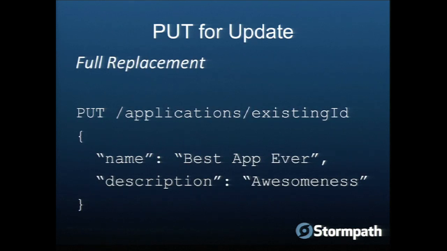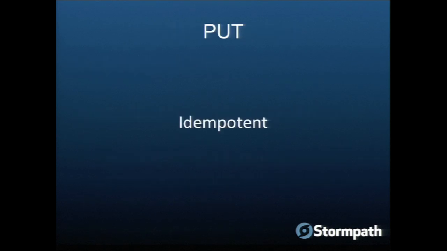This is the thing that people most associate with put. When I put data to this particular URI endpoint, I need to specify a collection of name-value pairs, or whatever that representation is. In this example, it's name-value pairs because we're using JSON. But one of the key things to remember is that put, by specification, is idempotent.